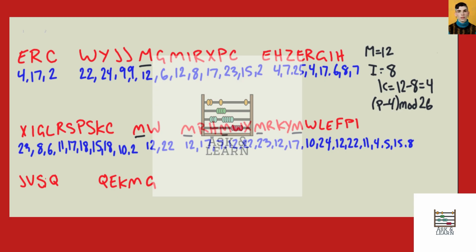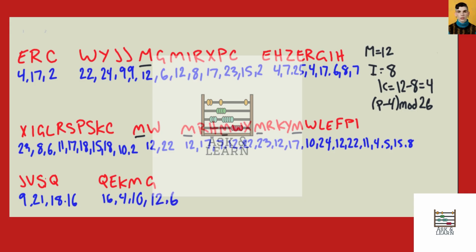Right, so JVSQ is 9, 21, 18, 16. And then the QEKMG is going to end up as 16, 4, 10, 12, and 6.